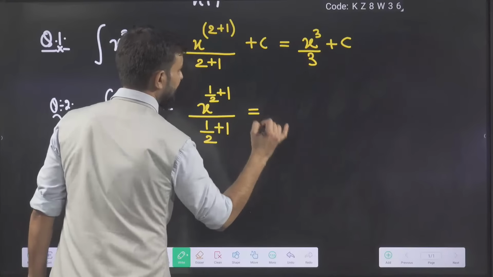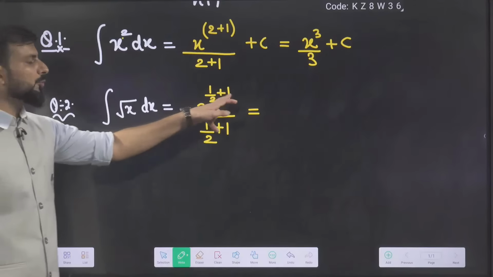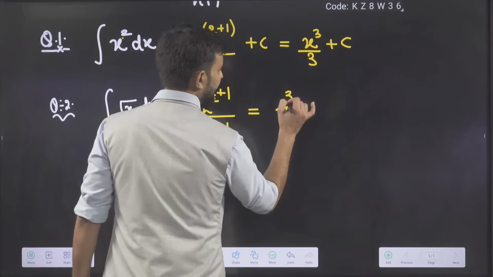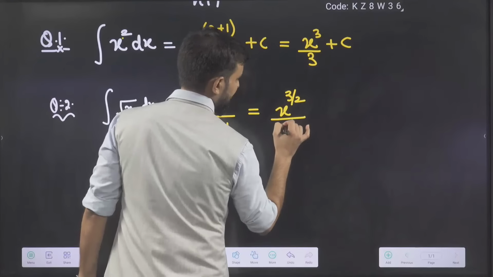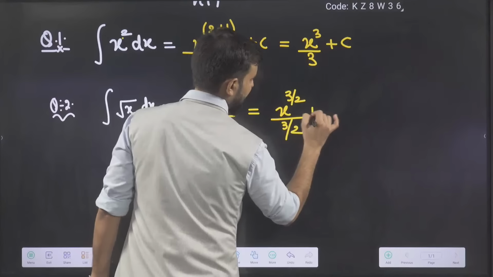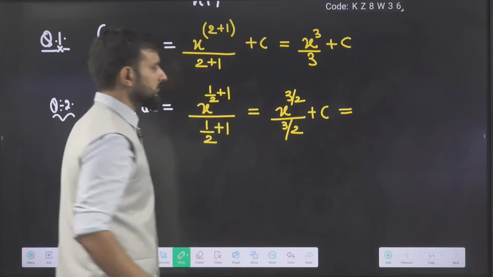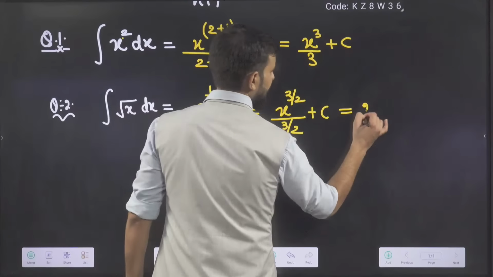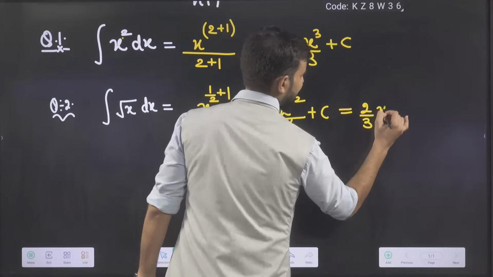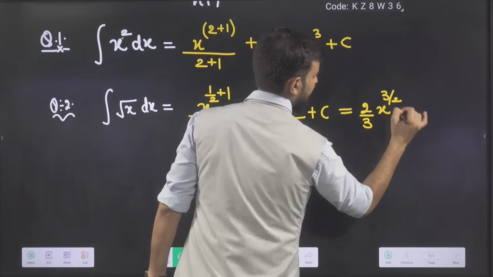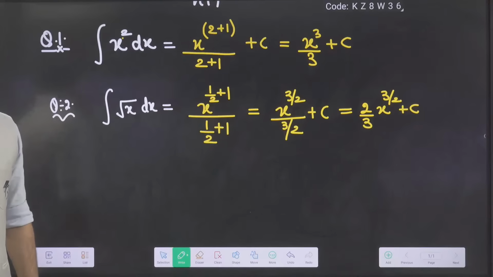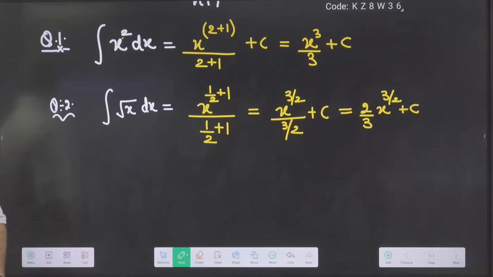Answer is x to the power 3 by 2 divided by 3 by 2, plus C. What is the final answer? You can leave it, or the 2 will go up, so it becomes 2 by 3 x to the power 3 by 2, plus C. This is the final answer. I hope this is clear.